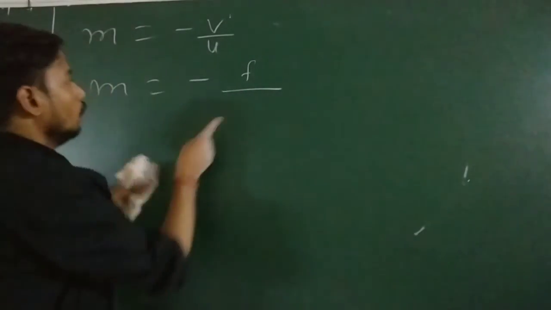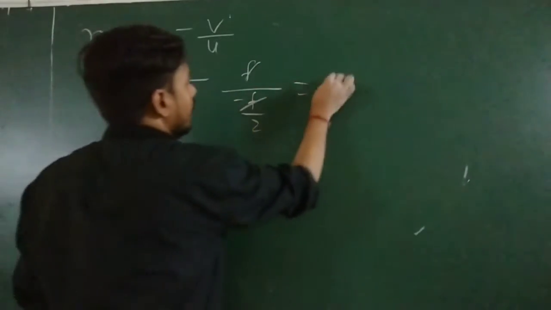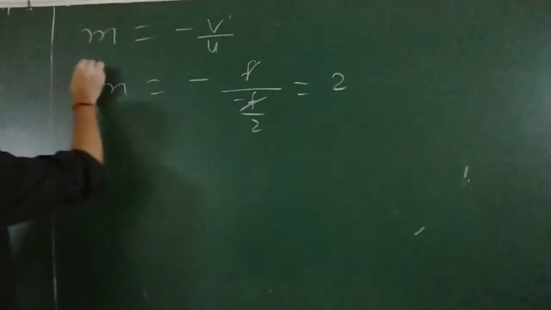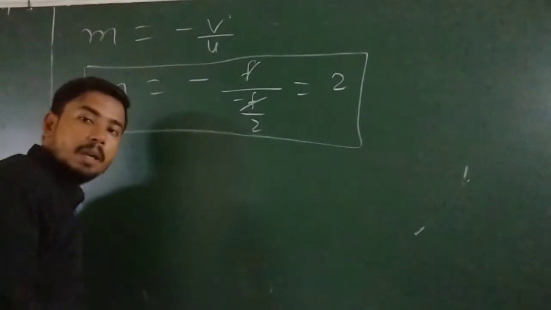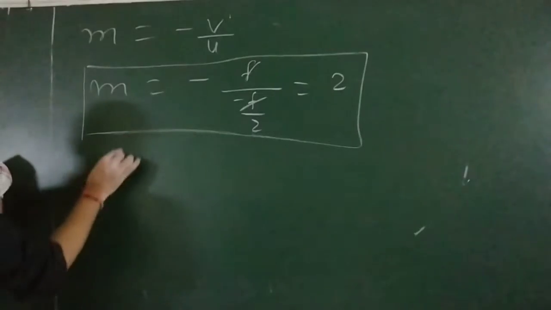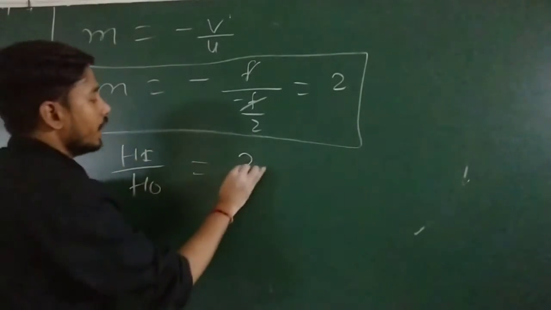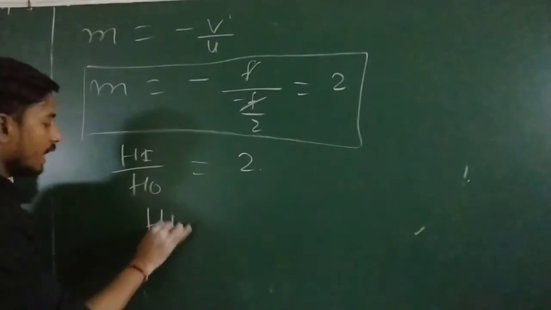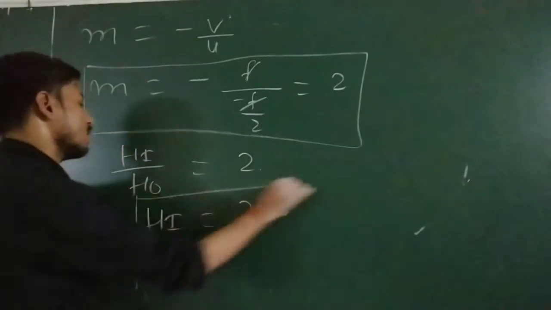Minus f by 2. Minus f by 2 gets cancelled, minus also gets cancelled, 2, right? So magnification here becomes positive. Now height of image divided by height of object is equal to 2. So height of image is equal to 2 times height of object.